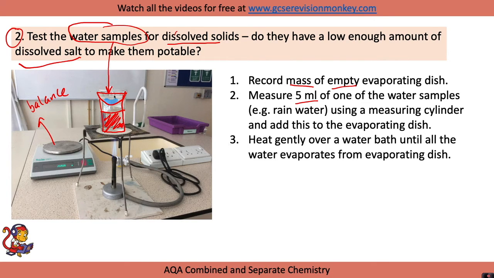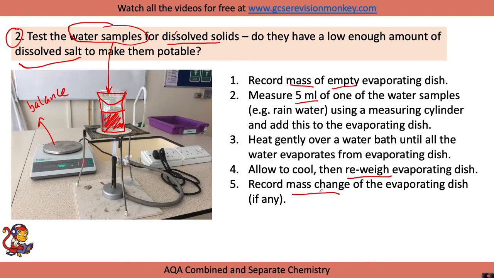Now, to do it safely in the lab, what you might do is allow most of the water to evaporate and then leave the rest to evaporate slowly. But once the water evaporates, you'll be left with none in your evaporating dish. And you will allow that to cool and then reweigh the evaporating dish. You would then record any mass change of the evaporating dish, if there is any, and observe any salts left on the evaporating dish.